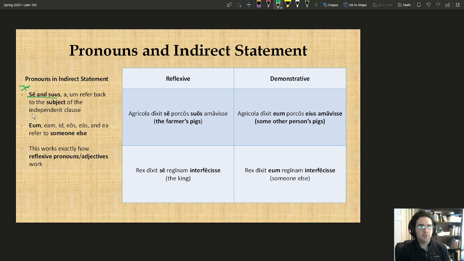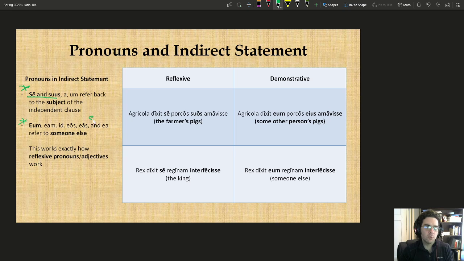And that's in contrast to our more general demonstrative pronouns, eum, eam, id, eos, eas, and ea. I gave all of the accusative forms because those are the most important ones for this indirect statement. But in this situation, they always refer to someone else, whether we're using them in the genitive or in the accusative.